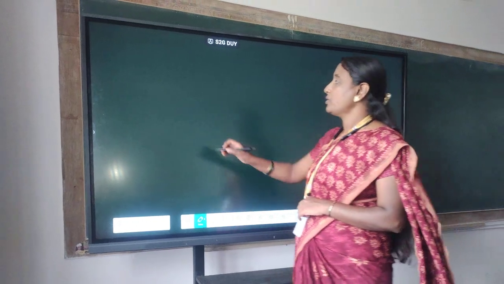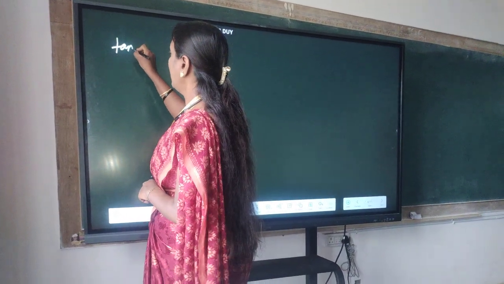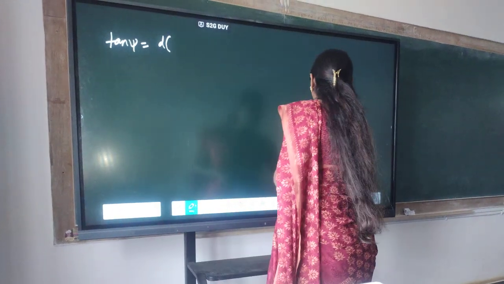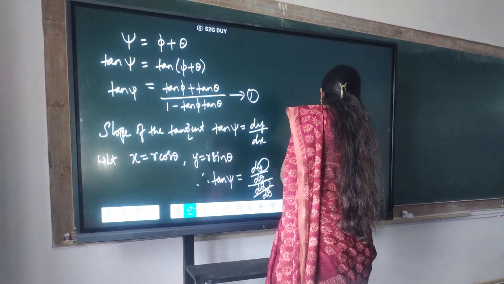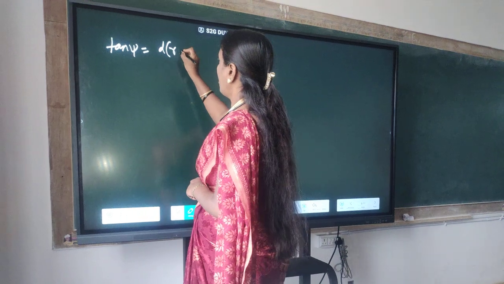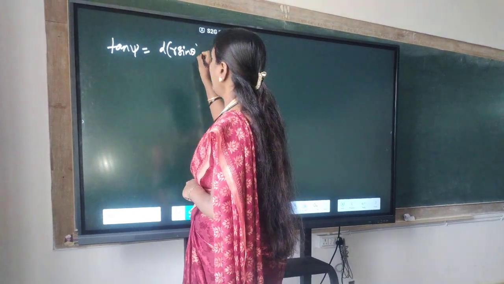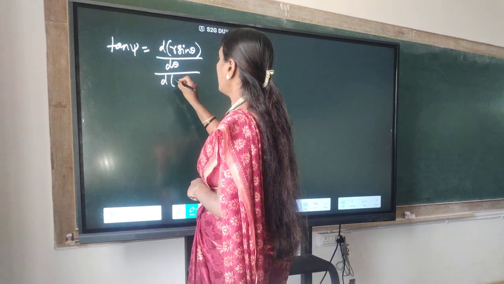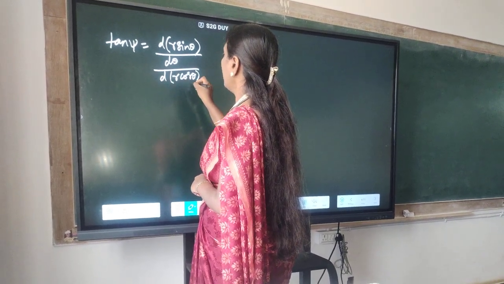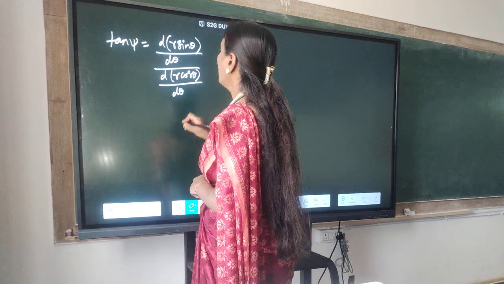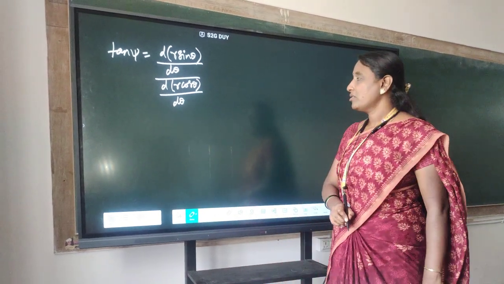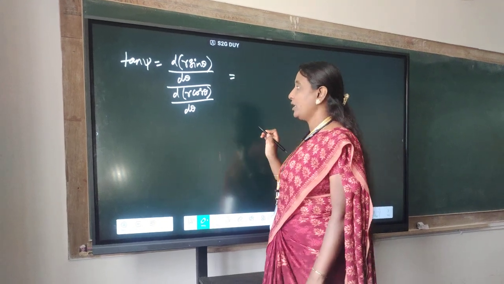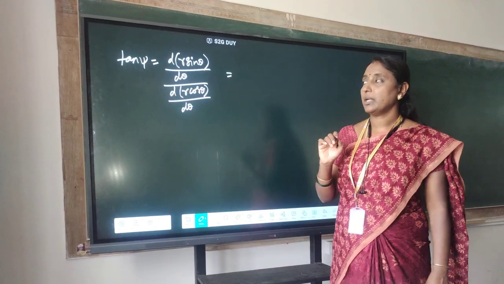Then we get tan psi equals d of y, and y is nothing but r sin theta, by d theta. Similarly, x is r cos theta, by d theta. Now we will differentiate with respect to theta. R and theta are both variables and it is a product, so we will apply the product rule.